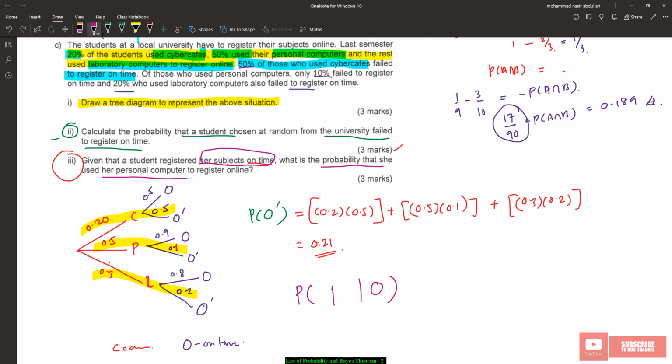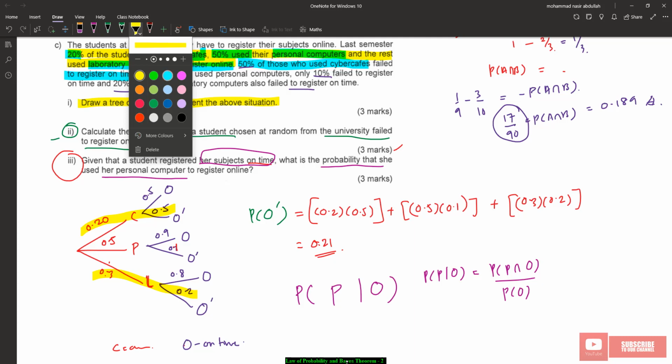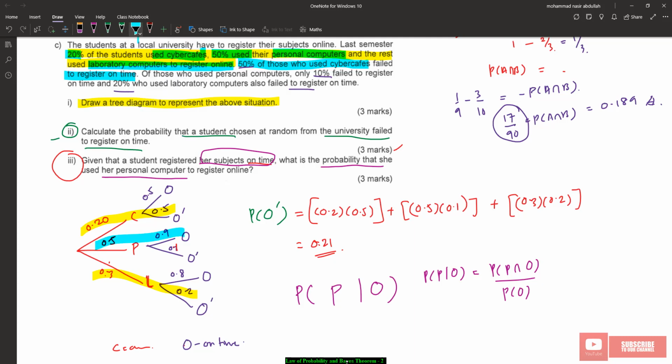Personal computer is P. So this is what we want to find: probability of P given O, which is equal to probability of P intersect O divided by probability of O. P intersect O, the blue color, is 0.5 multiplied with 0.9, divided by probability of O.